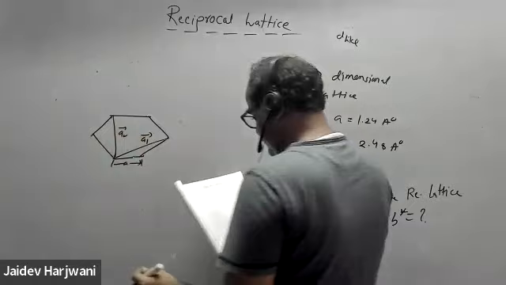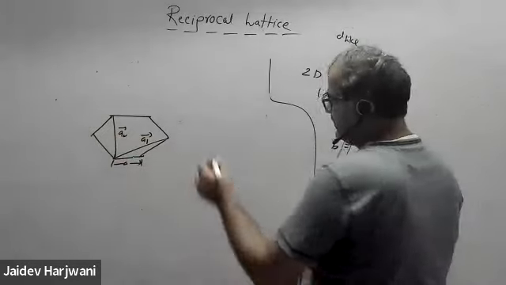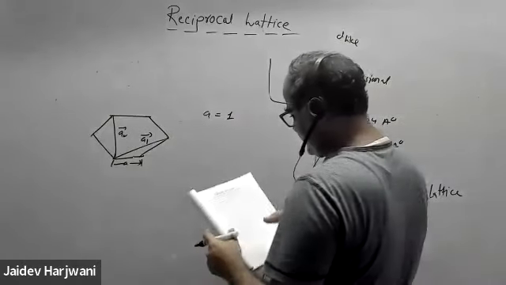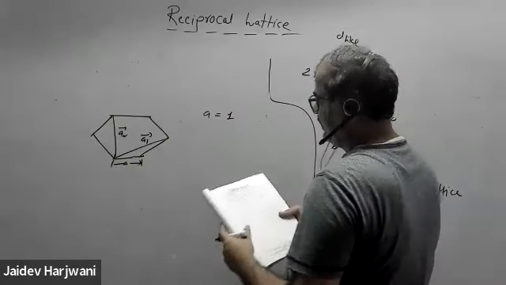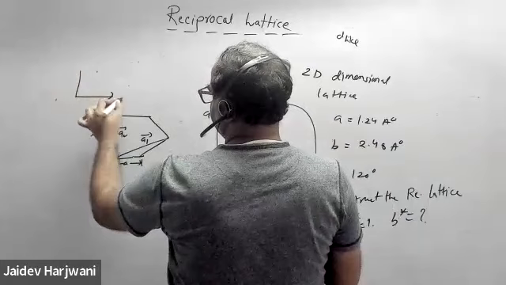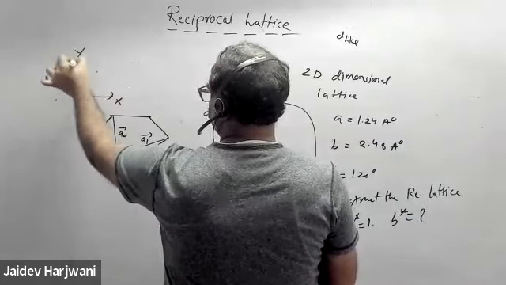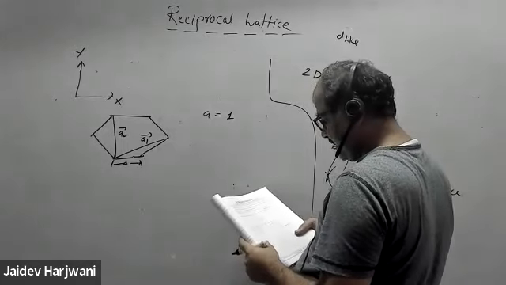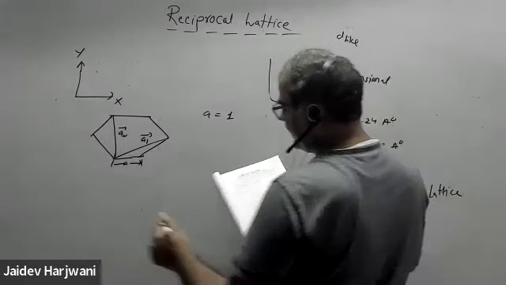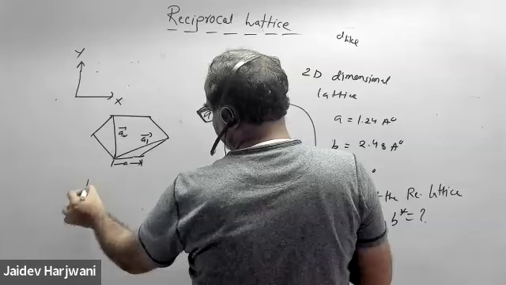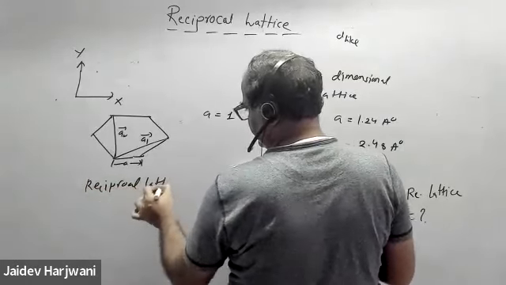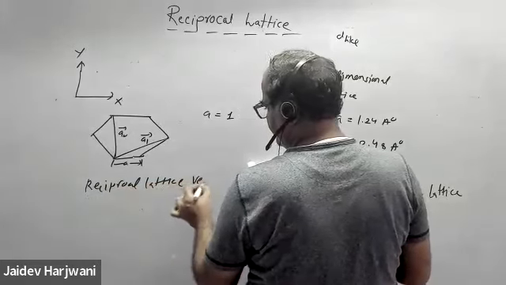Now it says the lattice spacing a equals 1, and this is your x direction and this is your y direction. If the lattice spacing is 1, then you have to calculate the reciprocal lattice vectors.